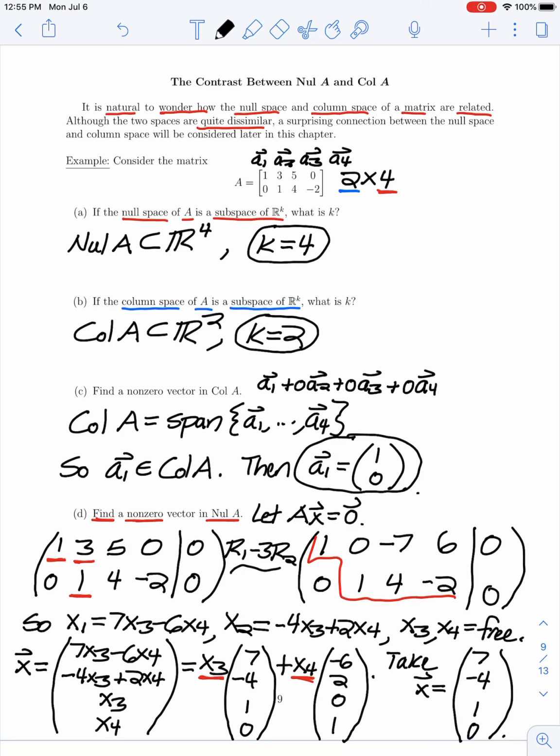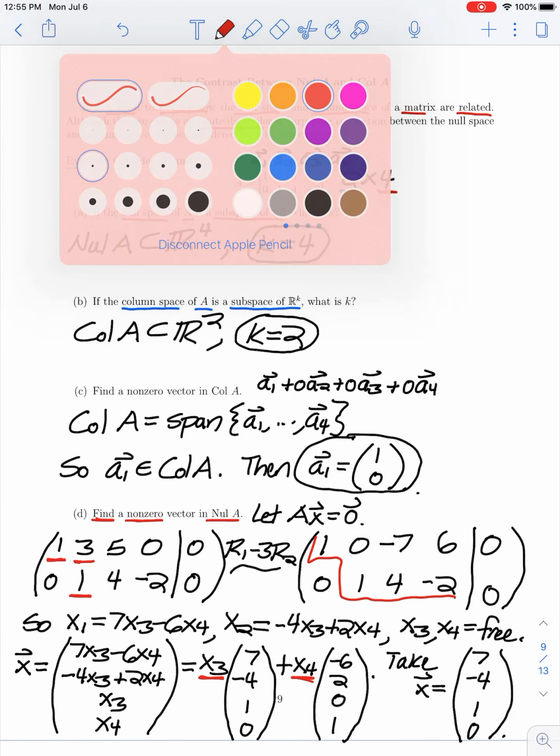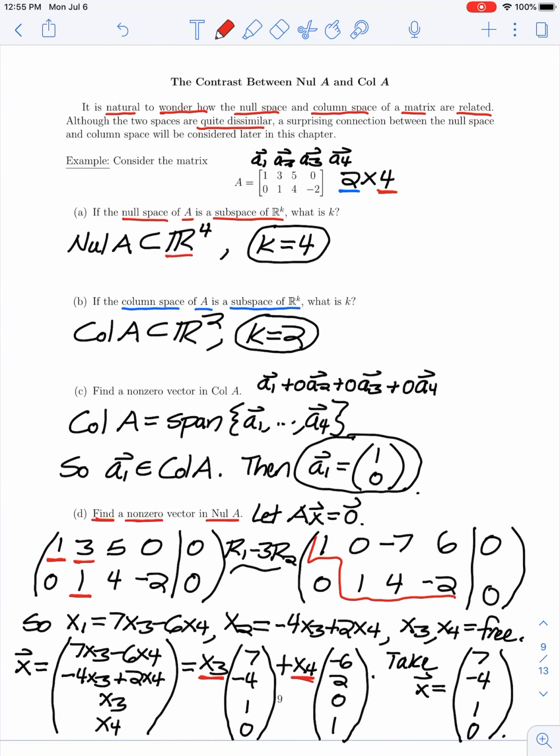Okay, so in this example, we see that for a matrix A which is not square, a 2x4 matrix, the null space and the column space are subsets of different vector spaces. In particular, the null space was a subspace of R4, whereas the column space was a subspace of R2.